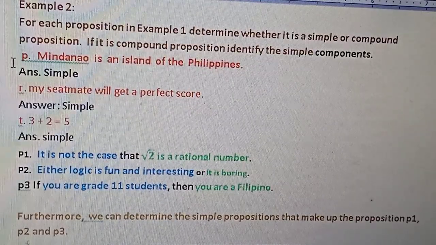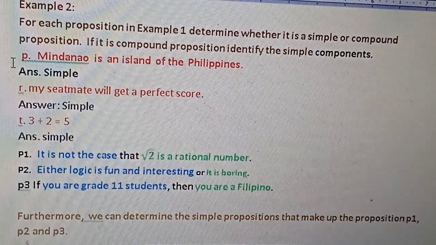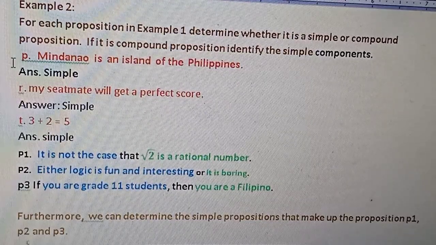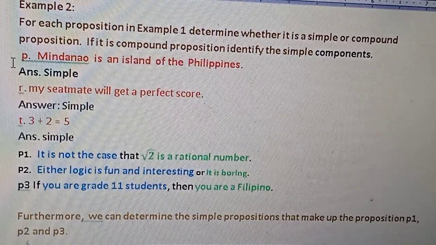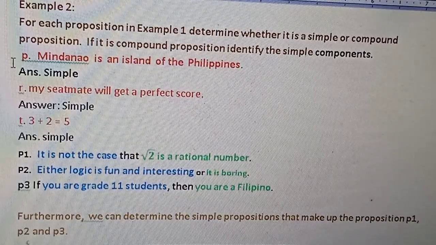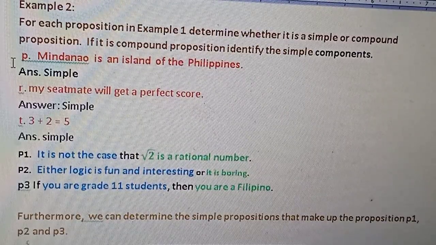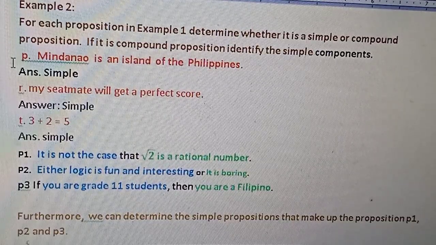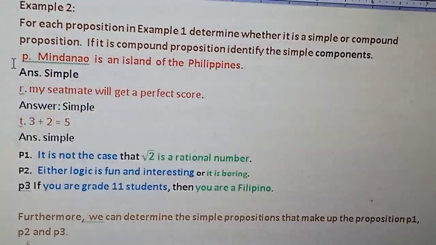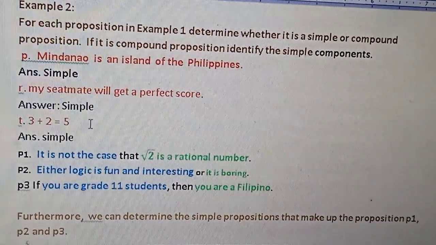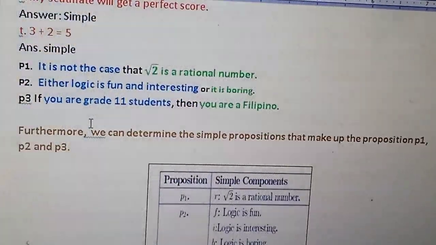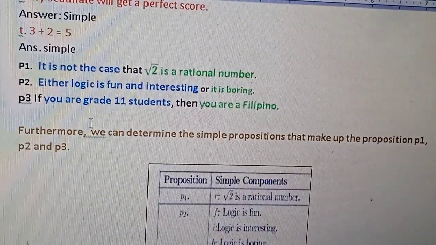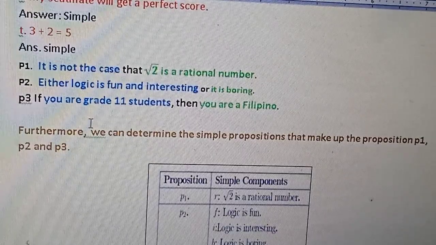Is it compound or simple? The answer is simple because it cannot be broken down into simpler components. R: My seatmate will get a perfect score. Still, this is simple. 3 plus 2 equals 5. Answer, simple.